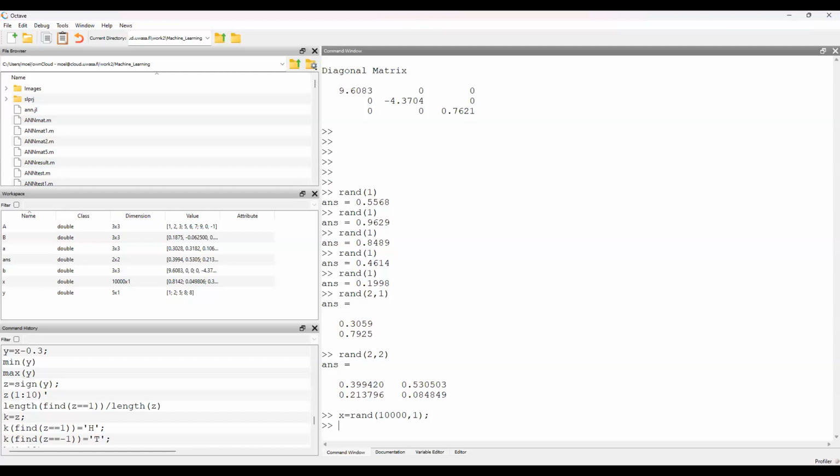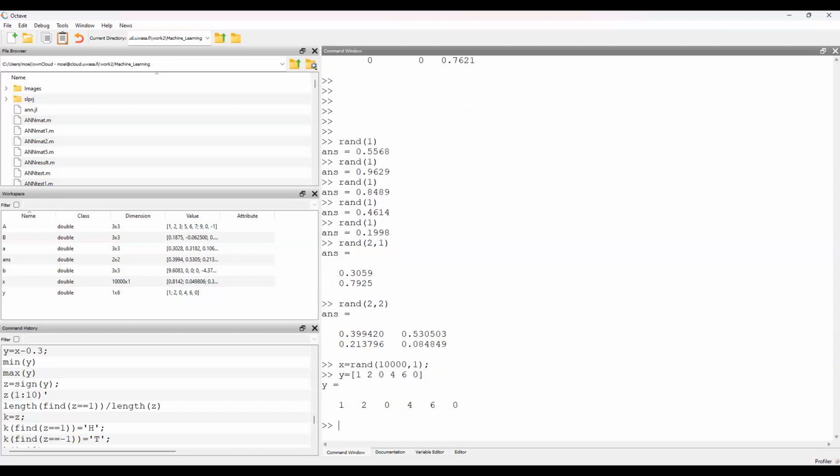Okay, now before I go to this one, let me define y equal to 1, 2, 0, 4, 6, 0. So now we have this vector. It consists of 1, 2, 3, 4, 5, 6 elements, and we have here 2 zeros.